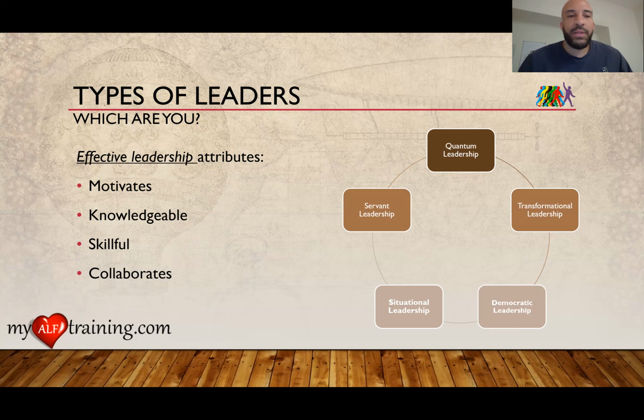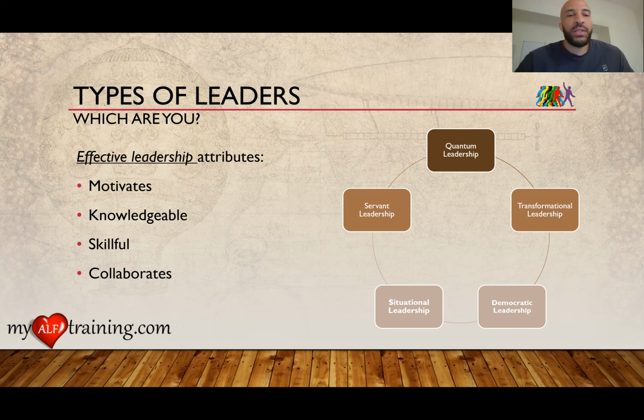If you think about the definition and our conversation about each of these leadership styles, each one echoed these four attributes. They all said that they were someone who motivated, except for, I believe, two, of which one was situational.